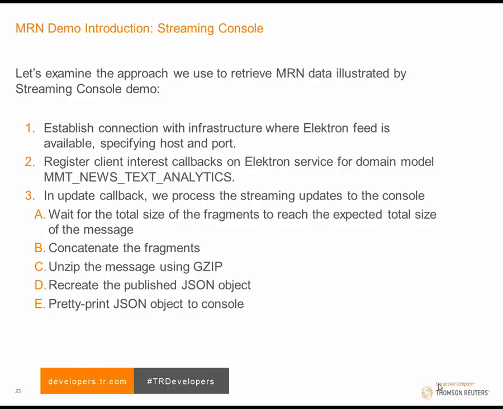As the updates arrive, we accumulate the updates. We wait for the total size of the fragments to reach the expected total size of the message. Once that happens, we concatenate the fragments, unzip the message using gzip, and recreate the original JSON object. In this specific example, we also pretty-print the JSON object to console, which results in updates streamed to the console just as they arrive.